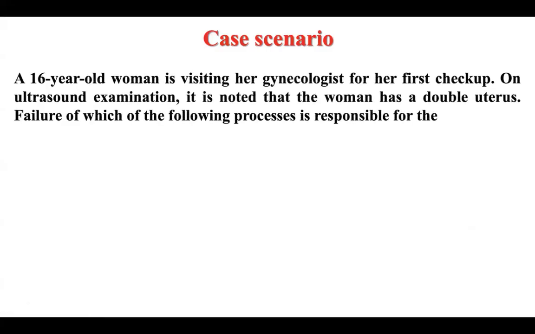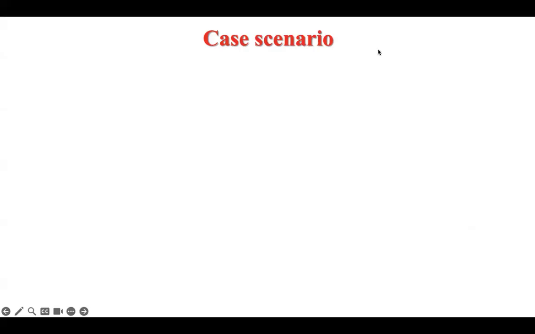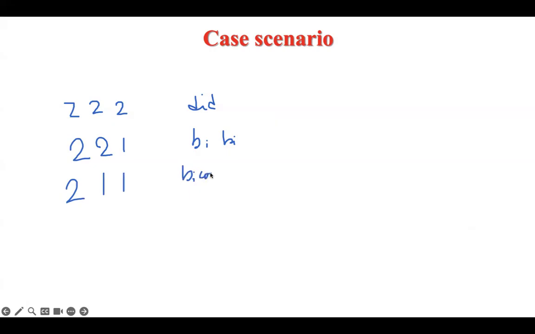Okay. Please summarize the anomalies in the female. Two uterus, two cervix, two vagina is named didelphys. Two uterus, two cervix, one vagina is named bicornis bicollis. If two uterus but one cervix and one vagina, it is named bicornis unicollis.